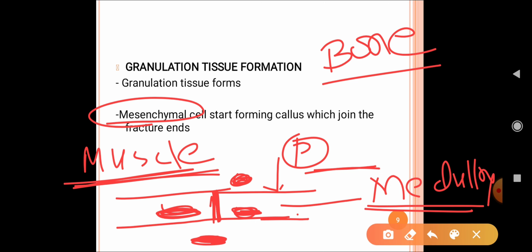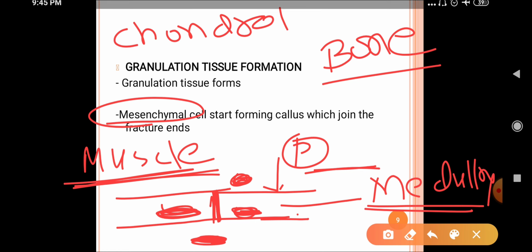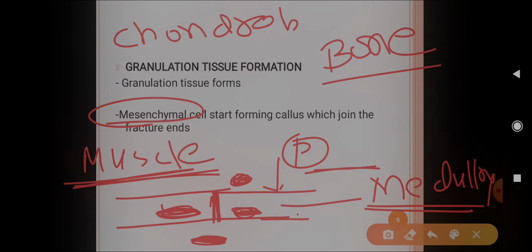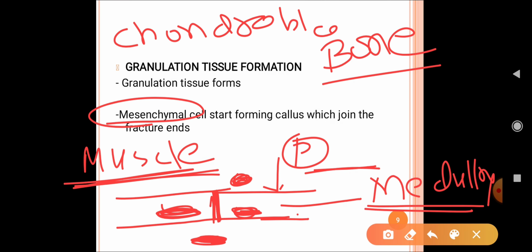What happened? You might remember that mesenchymal stem cells are multipotent. Depending upon the biological behavior, they can get converted into chondroblast, right? Or they can get converted into osteoblast, right?